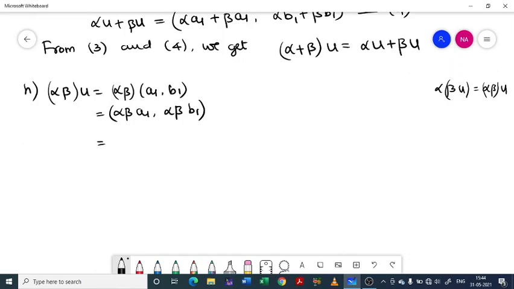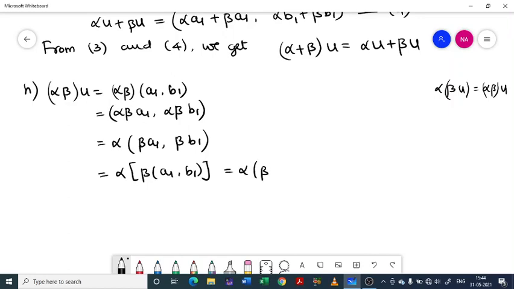This we can write as, taking alpha outside, alpha times of beta A1 comma beta B1. Again taking beta outside, alpha times of beta times of A1 comma B1, which is equal to alpha of beta U. Therefore alpha beta of U is equal to alpha of beta U.